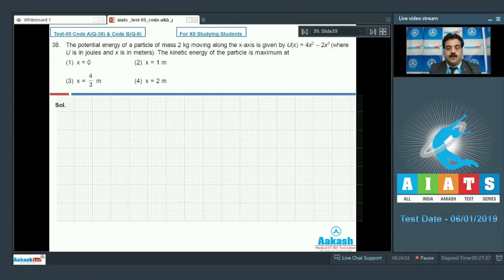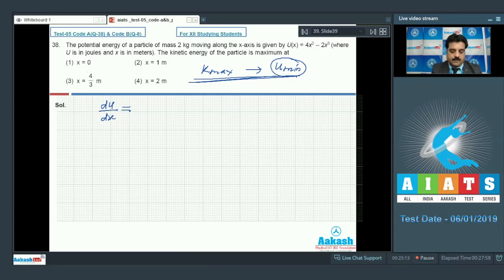As per the law of conservation of mechanical energy, kinetic energy is maximum only if potential energy is minimum. So this concept gives you an idea that you can use the maxima-minima concept. So I am going to differentiate the expression of potential energy.